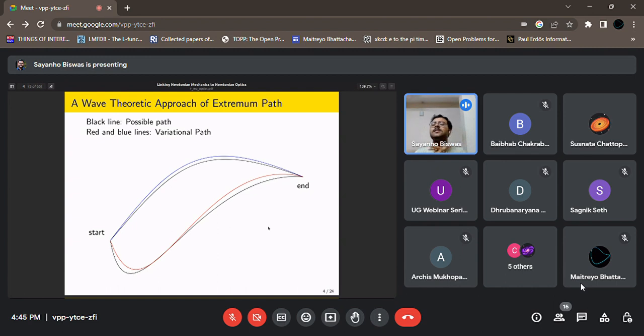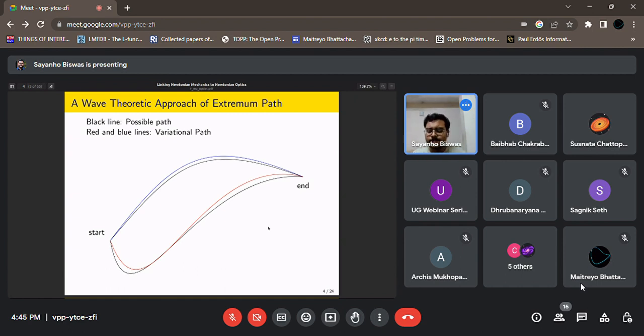The reasoning that I wish to apply is that think of this black path as a wave. Now, waves we know constructively, destructively interfere. Maybe to some extent constructive, to some extent destructive interference. These things always happen.